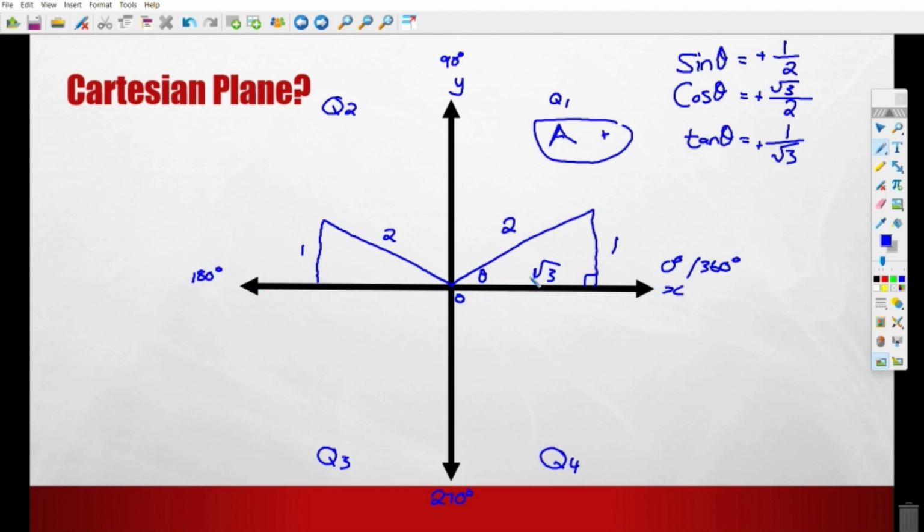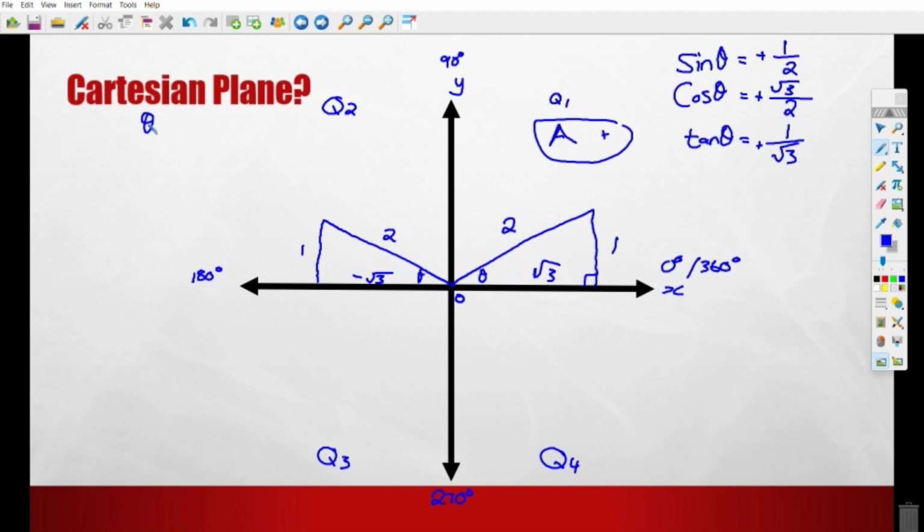So now it's not square root of 3 anymore, it's negative square root of 3 on this side, because I'm on the other side of my x-axis. Again, if I say that that is theta over there, I want you to find sine of theta.